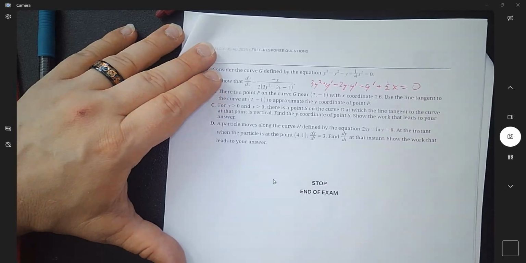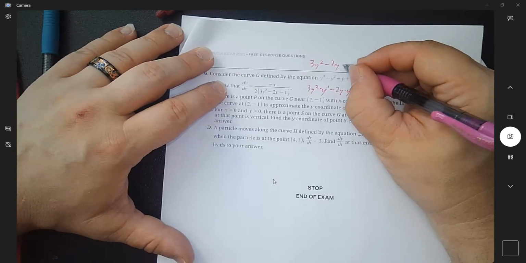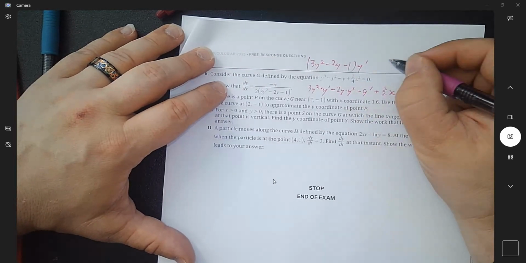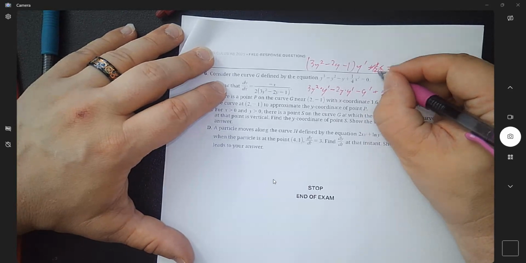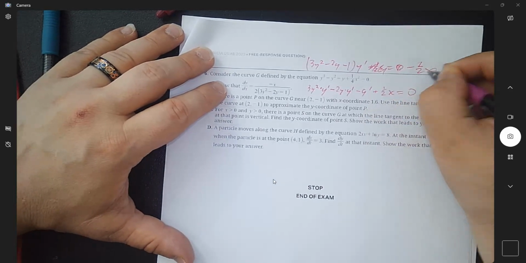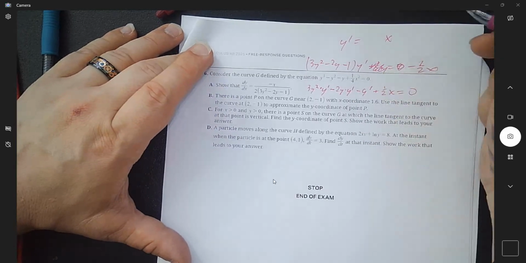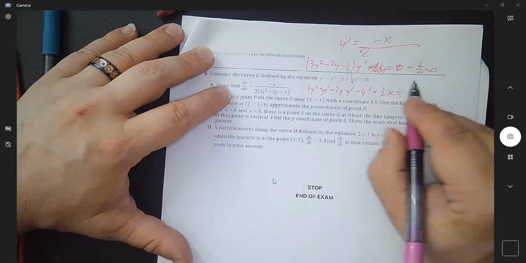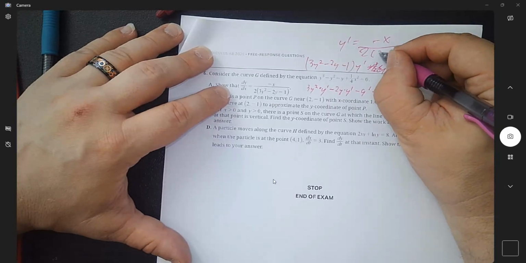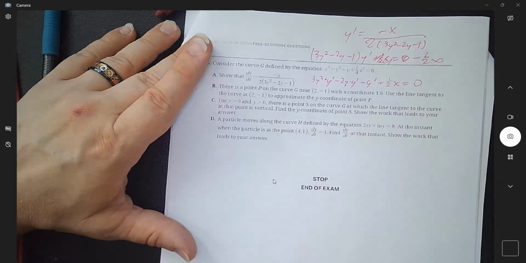So now let's collect together our y primes. (3y squared minus 2y minus 1) y prime plus 1/2 x equals 0. Move it over, so minus 1/2 x, and then divide. Y prime is going to be negative x over 2 times (3y squared minus 2y minus 1), which all came from the implicit derivative.